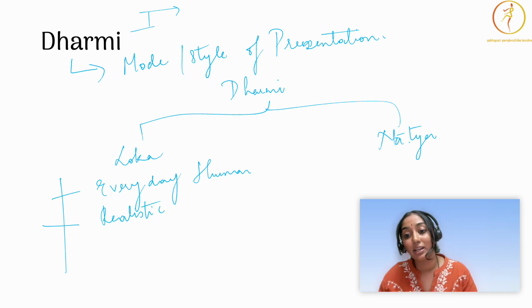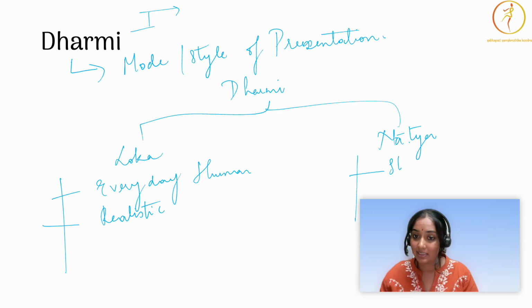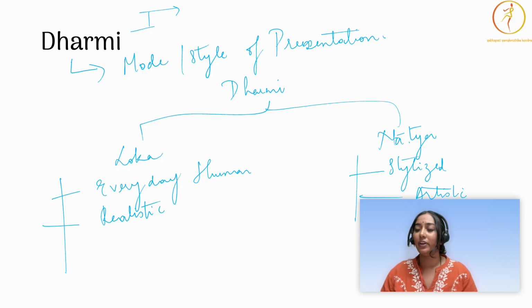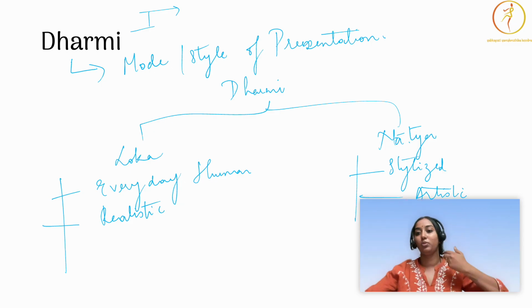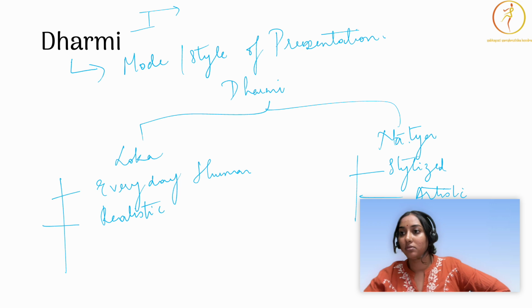This helps you connect with the lay audience. Natya Dharmi, however, is stylized or artistic in nature, where you convey abstract emotions or abstract concepts. Say, for example, mountain. So we do this. Not many people who don't know dance may understand it.